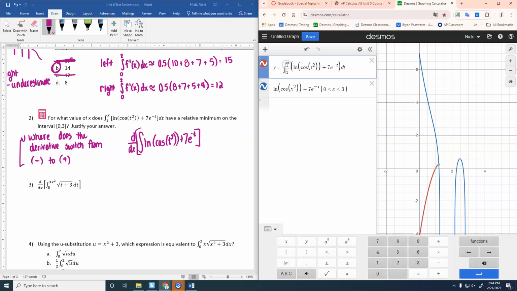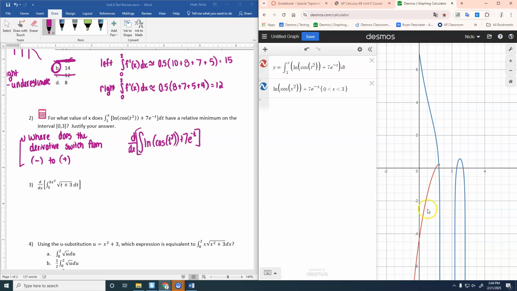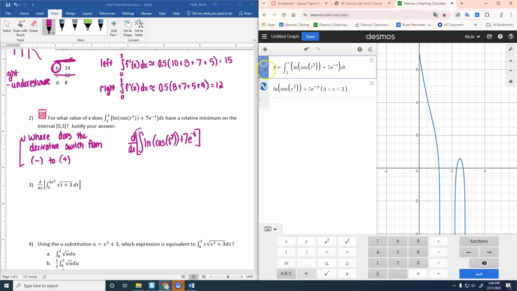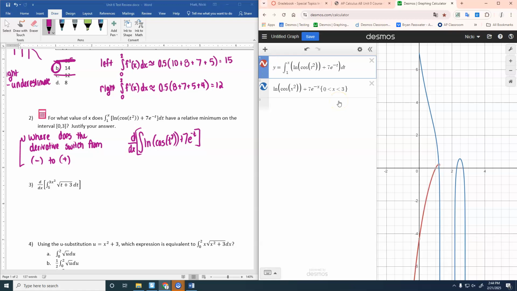I'm thinking this does not quite work because it gives you like a weird answer there. But if I look at that blue graph right there, yeah, I don't think that works because it gives us a different value. Oh wait, it was asking. Yeah, I don't believe that works right there for that.